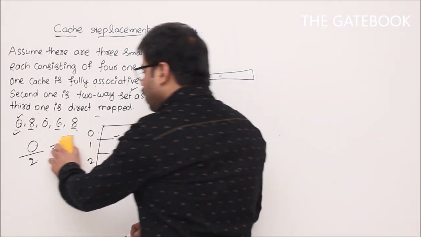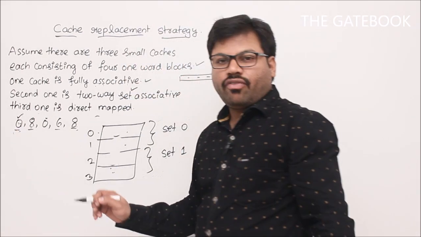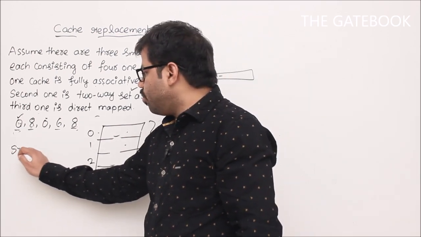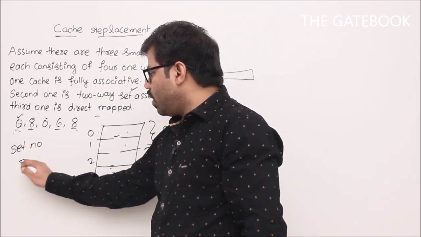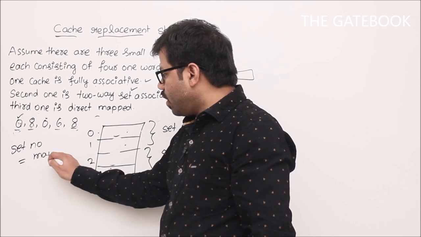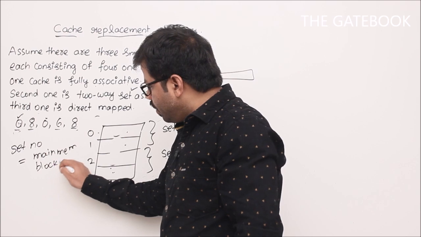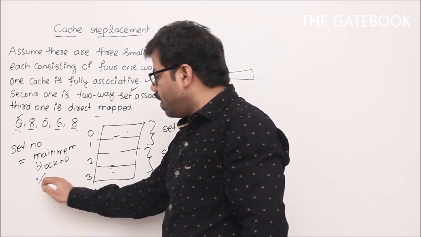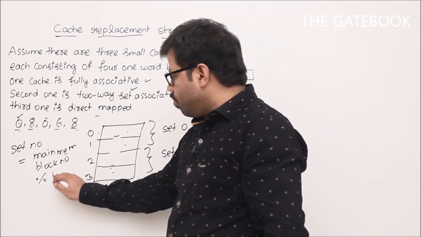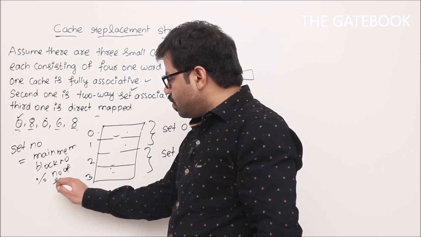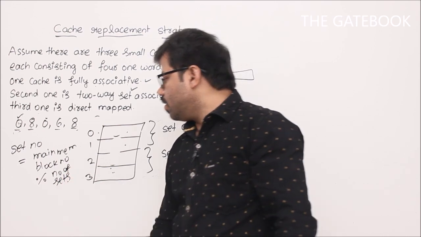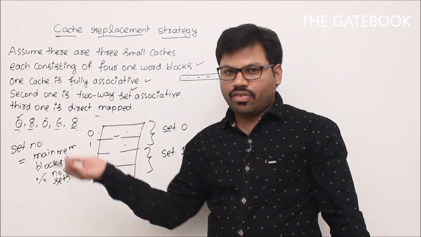So finally, what is the formula for finding the right set? The set number is main memory block number modulo number of sets. So using that, your hardware can find it out.